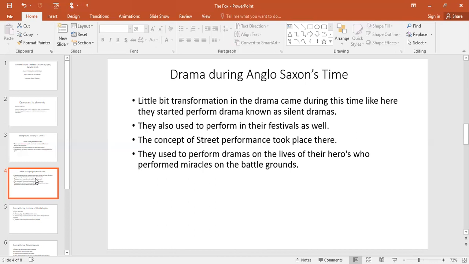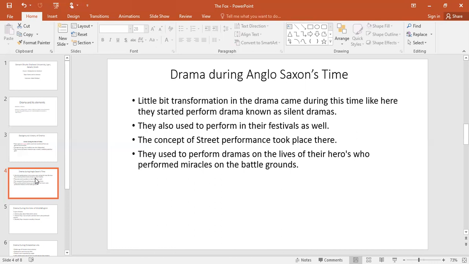So this was also a genre of drama. If someone did an extraordinary thing on the battleground while fighting enemies, they used to perform dramas on that, and they used to portray a silent message.